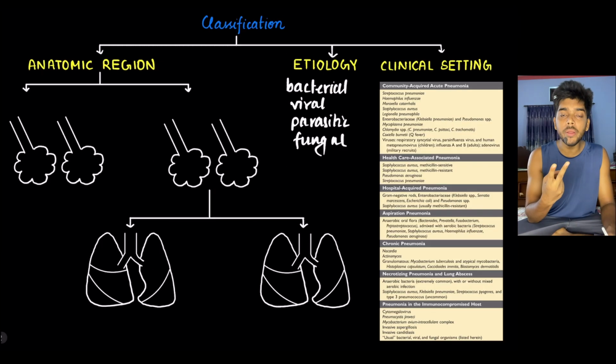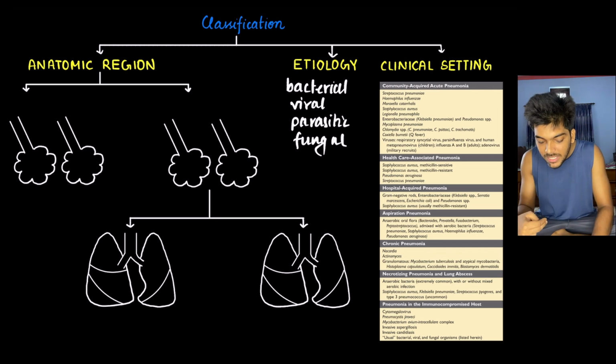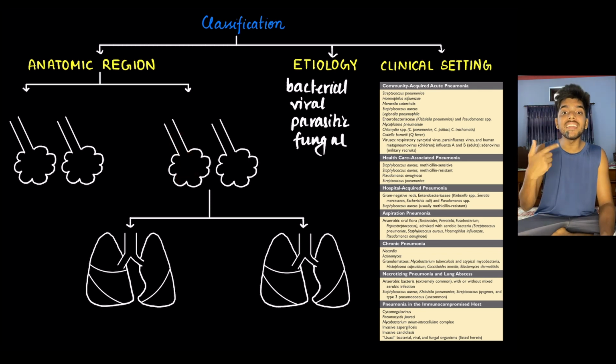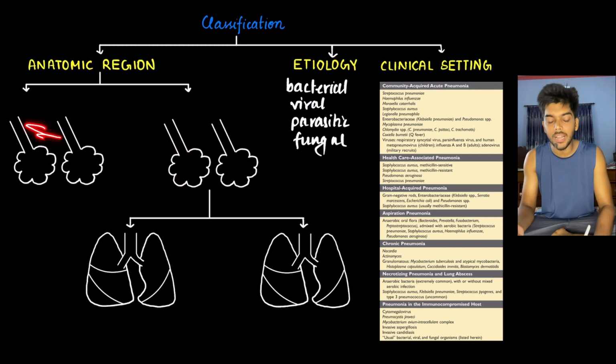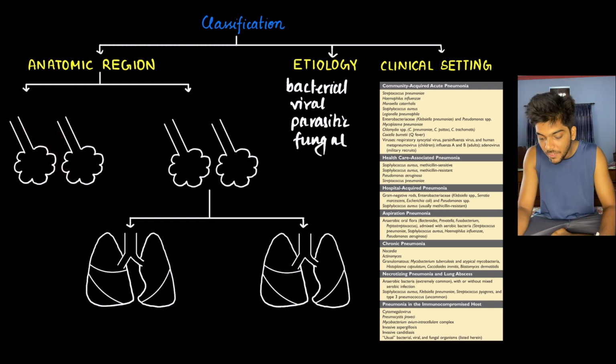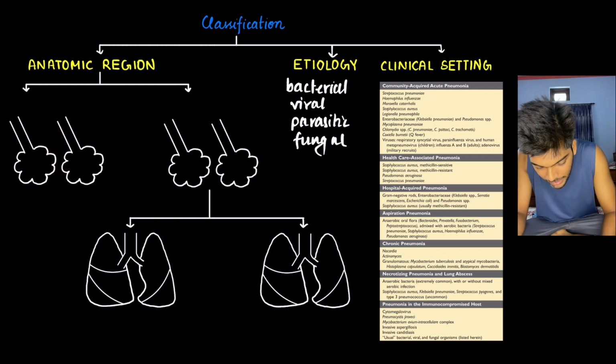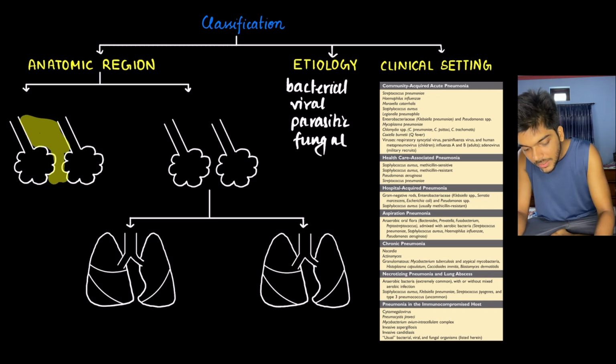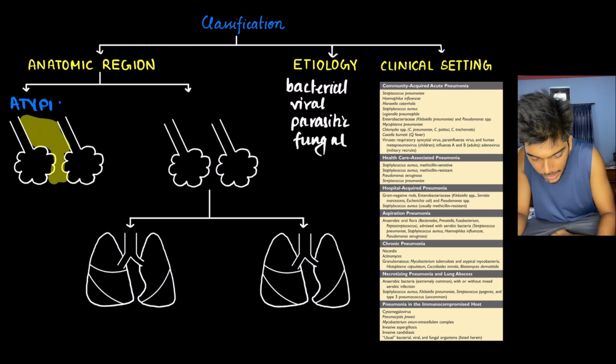I said there are two empty spaces: intra-alveolar space, the space inside the alveoli, and interstitial space, the space in between the alveoli. If it is the interstitial space that gets filled up with exudate, then this pneumonia is atypical pneumonia.